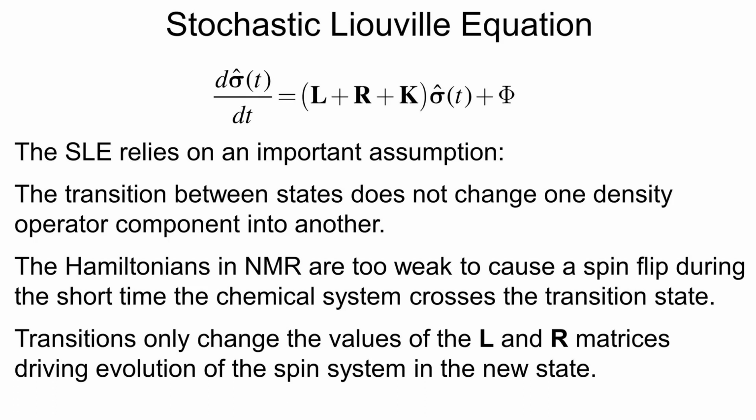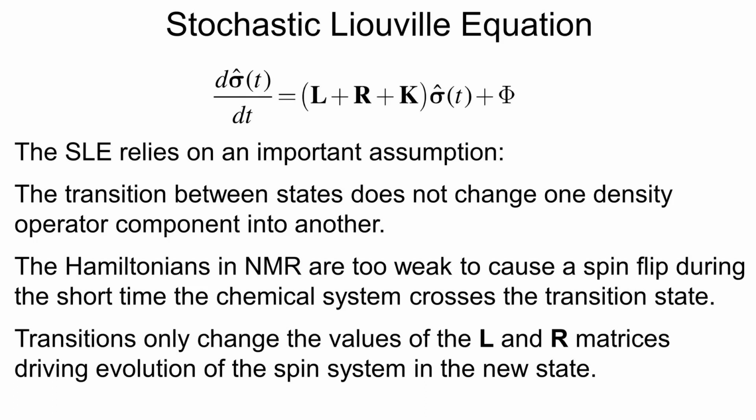But the jumping of the barrier is fast. The system doesn't slowly ooze over the barrier, at least in the picture that I want to apply here. So if the jumps are fast and the Hamiltonians are weak, then the Hamiltonians can't change the spin state during the transition. And that's a critically important assumption in the Bloch-McConnell equations and in generalizations of the Bloch-McConnell equations to the stochastic Liouville equation.